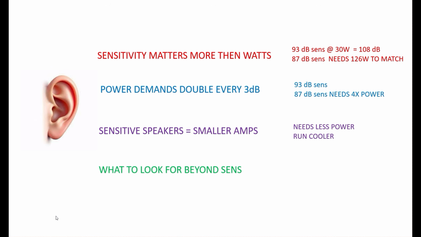So what do you look for beyond just the sensitivity metric in the data sheet? Usually you'll be looking for a speaker that has a high motor strength, a large cone area, and a small moving mass, right? They're the characteristics of sensitive speakers. So there you go. That's my tip of the day.